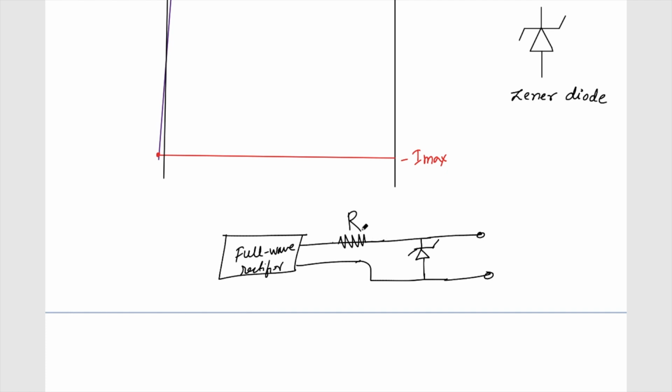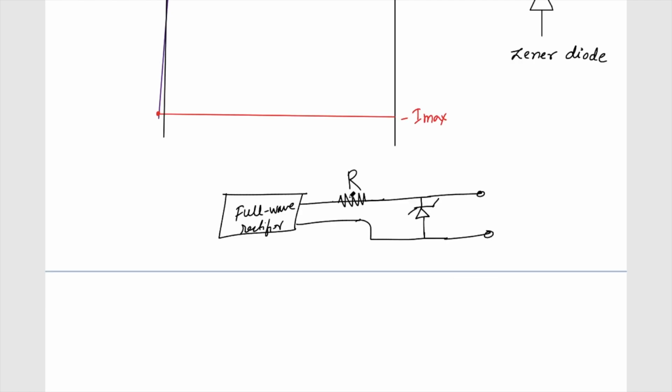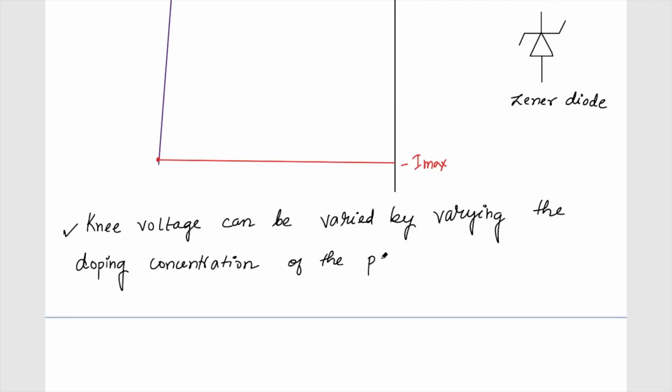This resistor R is going to limit the current. If a huge amount of current flows through this R, there will be a significant voltage drop across this resistor, and this will protect the Zener diode. So we need to do a proper analysis of this. Let's discuss this in more detail.